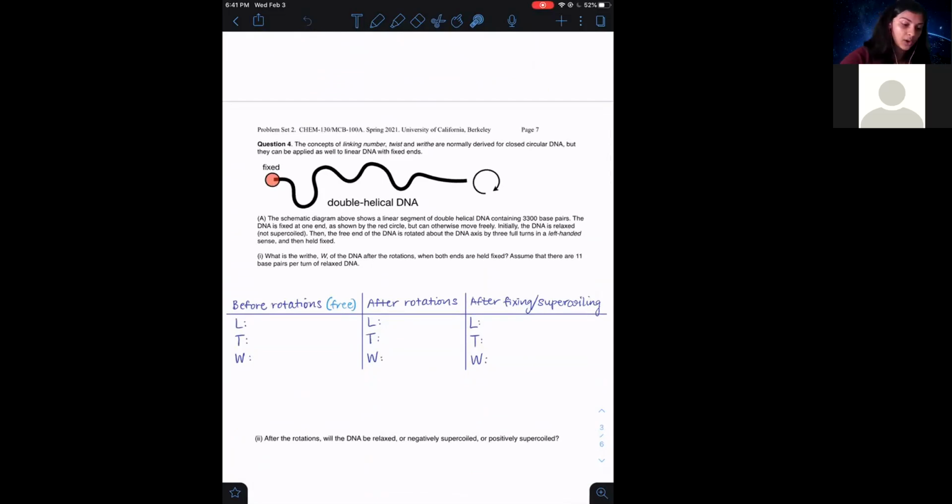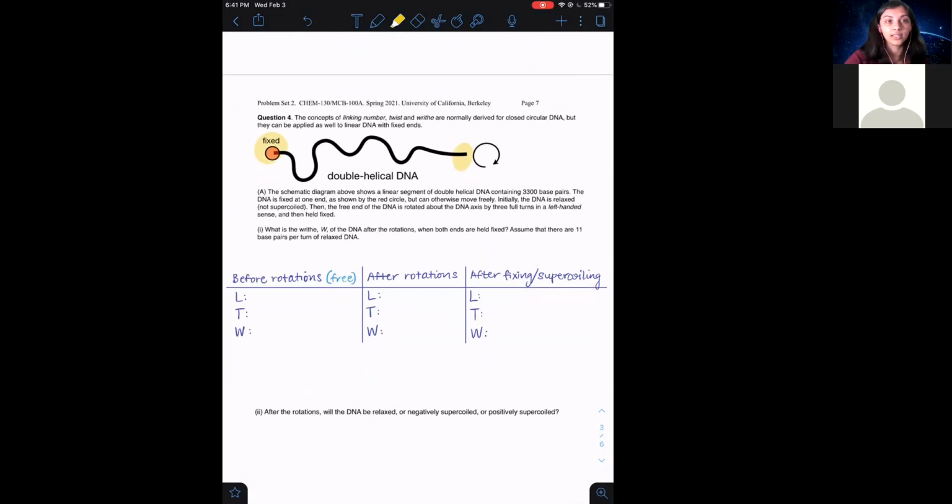Okay, so question 4a, we're given completely relaxed DNA where one end is fixed and the other end is free to rotate initially. So first, we can determine the linking number for this situation. We know that the DNA contains 3,300 base pairs, and we also are given the base pairs per turn ratio.